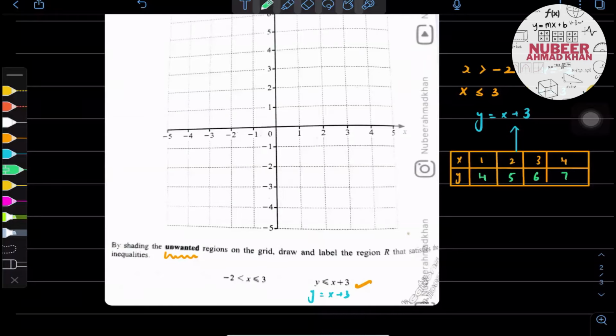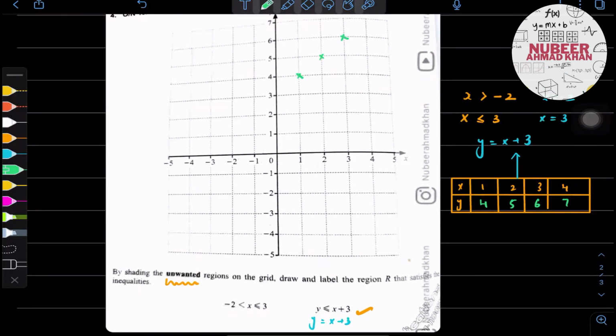Wait. 1 पे है 4 means right here. 2 पे है 5 which is right here. 3 पे है 6 and 4 पे है 7. Okay, now we are going to draw a straight line like this. Okay, ये हो गई हमारी line y is equal to x plus 3.